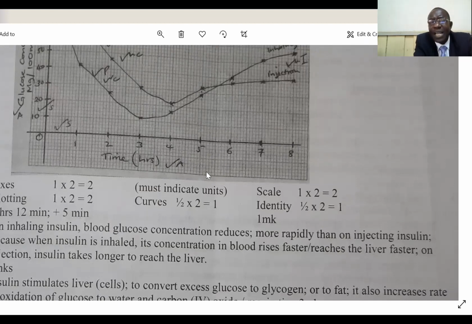We have 2 curves, and that gives you 2 marks. Then, when you are labeling the curve, you get half a mark. This one stands for labeling of the curve. You get a half mark, and half times 2 is 1. And so on and so forth.